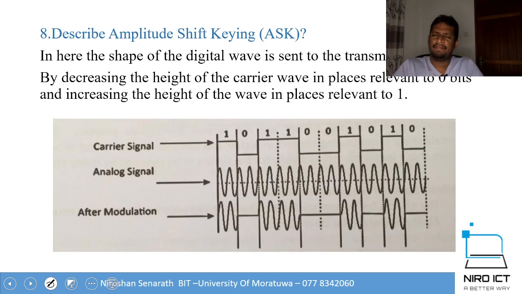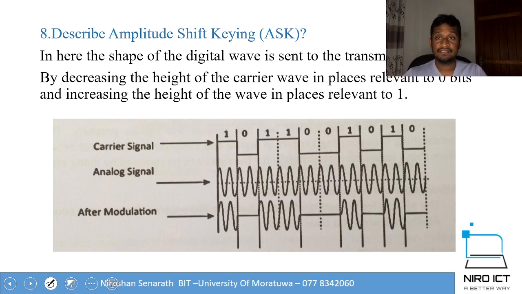So in here you can learn something about amplitude shift keying. When I ask a question from you, how we did AM, or amplitude modulation for the analog signals. In there we increased the amplitude of the signal in the places which are equal to high voltage. But in here we have another thing, we have digital signals.